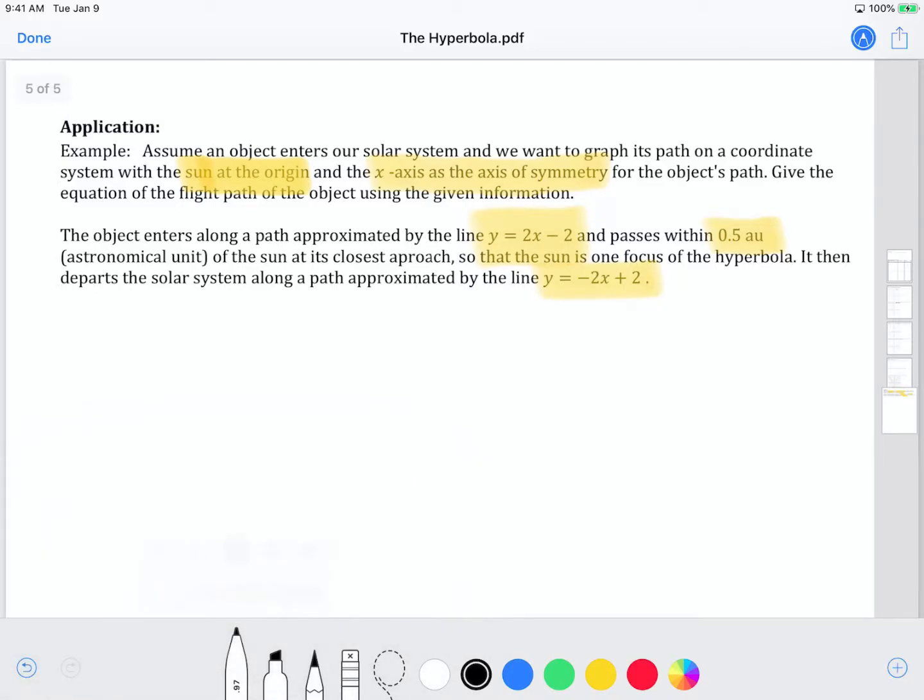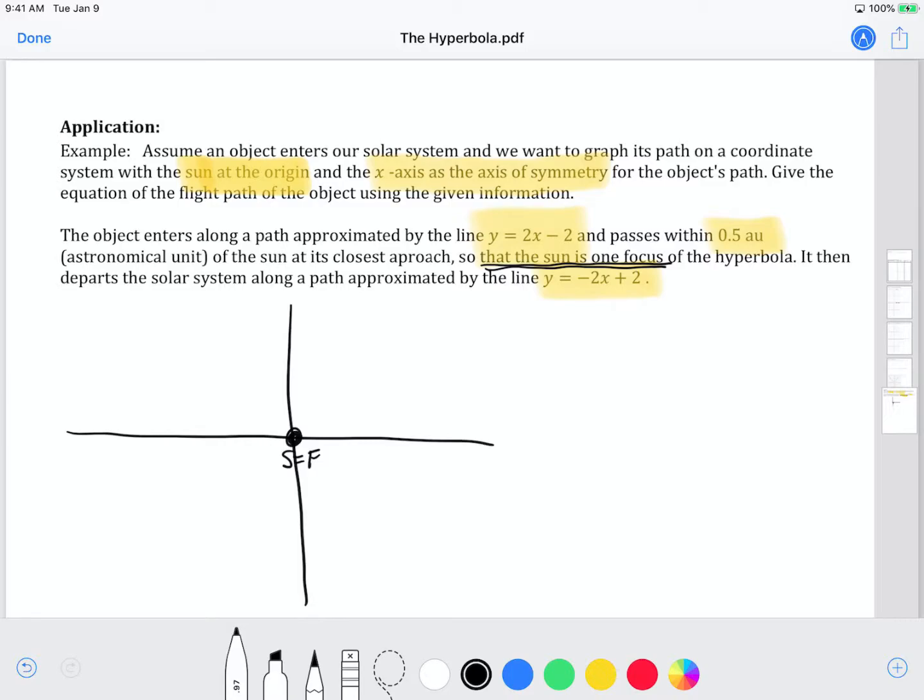So if we look at the picture, the sun is going to be at the origin. It also tells us that the sun is one of the focus points. So I'm going to label the sun as also the focus. So I'll put S is equal to F to remind us that that's the focal point.